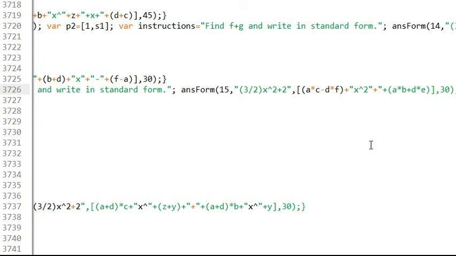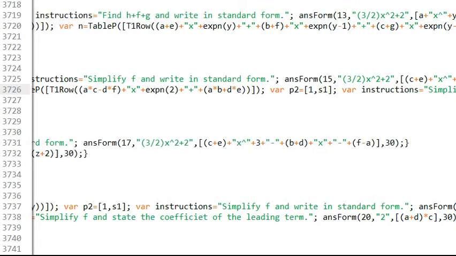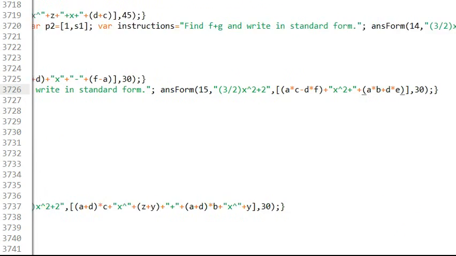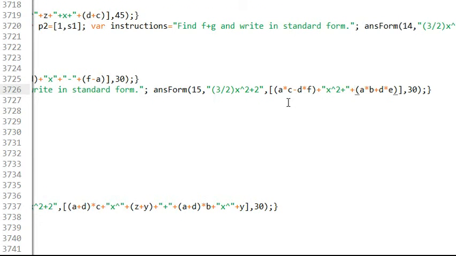Crud. Okay. Let me go back and look at this real quick. Yeah, it's squared. Okay, looks good to me.